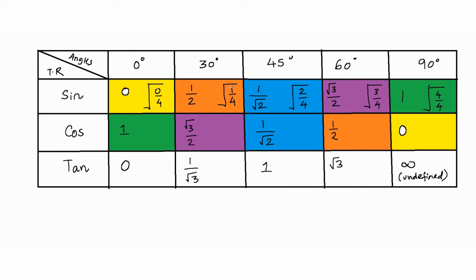Square root of 1 by 4, square root of 1 is 1, square root of 4 is 2. 2 by 4 can be simplified as 1 by 2. Square root of 1 becomes 1. Square root of 2 becomes root 2. Square root of 3 by 4 is root 3 and square root of 4 is 2. And 4 by 4 is 1 and root of 1 is 1, right?